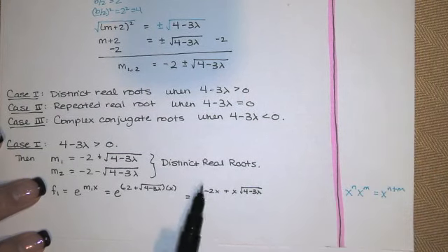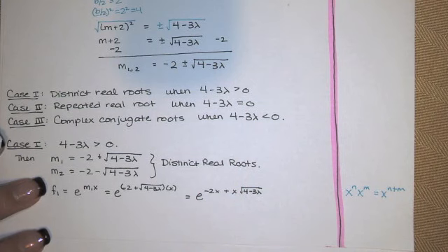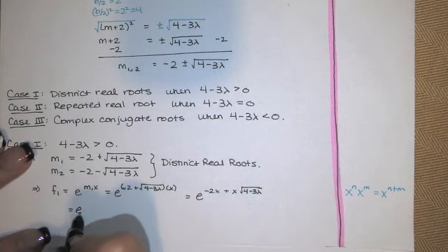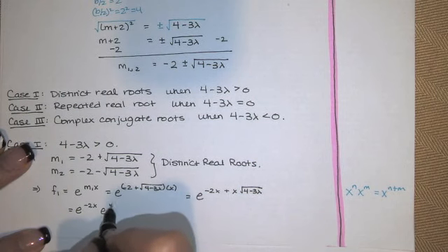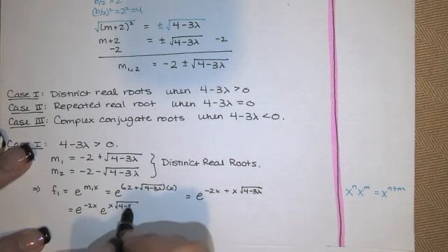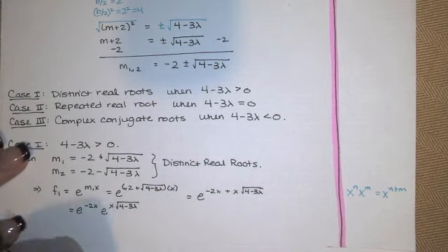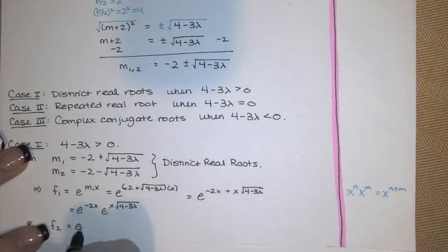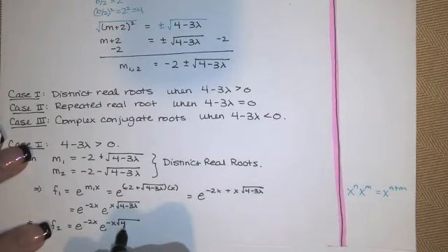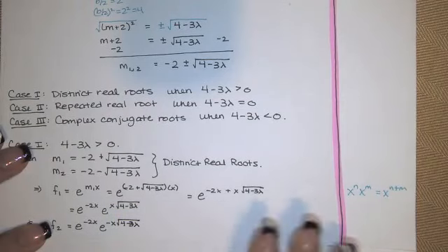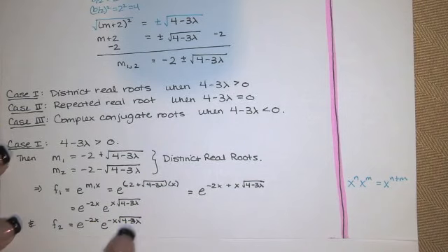That works in reverse as well. Since I have a sum of exponents here, it's the same as e to the -2x times e to the x times the square root of 4 minus 3 lambda. And similarly, f2 will be e to the -2x times e to the -x times the square root of 4 minus 3 lambda.